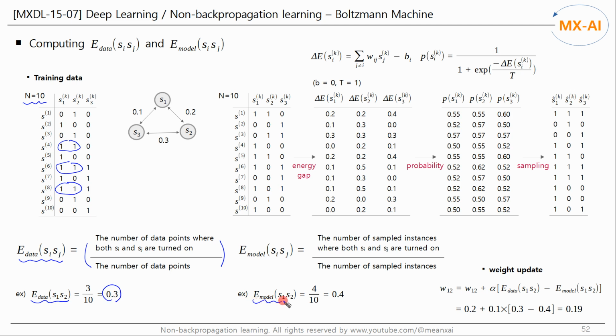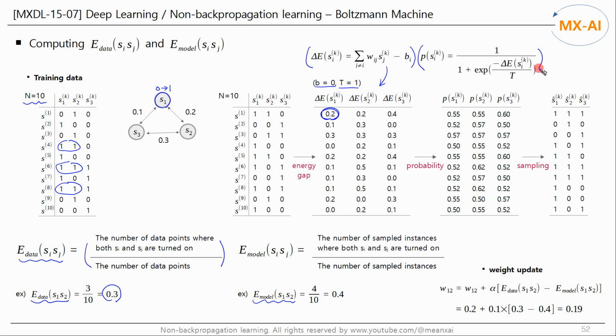Next, let's compute E_model[S_1 S_2]. First, we use this formula to calculate the energy gap for each neuron. Let's assume that each bias is 0 and T is 1. This value means that for the first training data point, when the state of the first neuron changes from 0 to 1, the energy increases by 0.2.